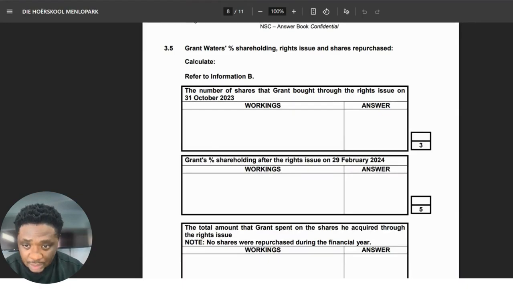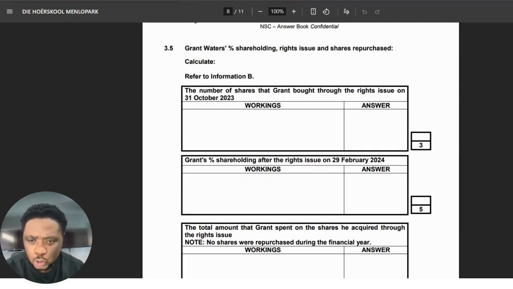Then within 3.5, it says calculate Grant's shareholding after the rights issue. After the rights issue, we have to determine how many shares are in issue, and then of those shares, how many are actually owned by Grant.